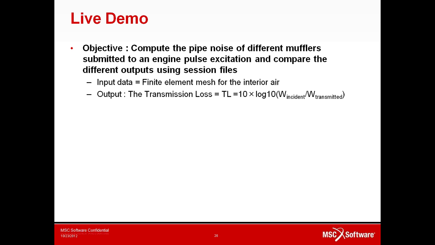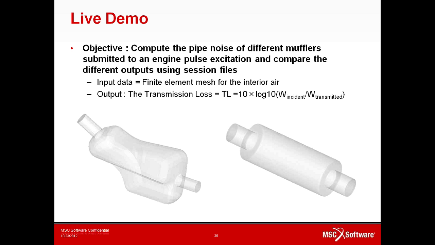The input requirement is a finite element mesh containing the different domains, 3D domains for the interior air and 2D domains for the duct mode components that we will use at the inlet and outlet. The main output we will consider is the transmission loss of the muffler, defined as the ratio between the incident and transmitted power. In order to highlight the different advantages of using the API, two different models will be treated using the same session file.